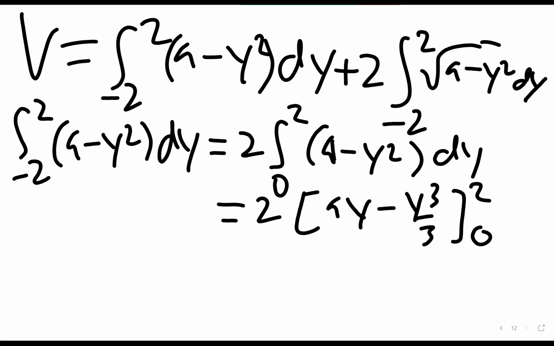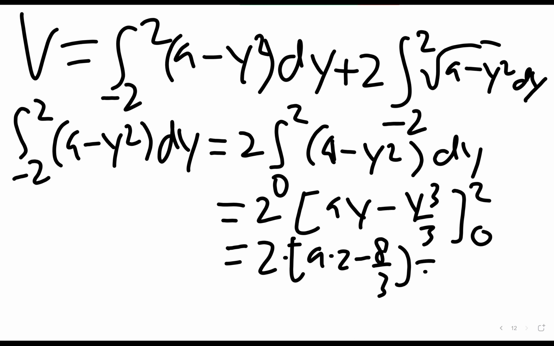Put 0 and 2 there. We have 2 multiplied by 4 times 2 minus 8 over 3. So that will be 8 and 24, so 32 over 3.